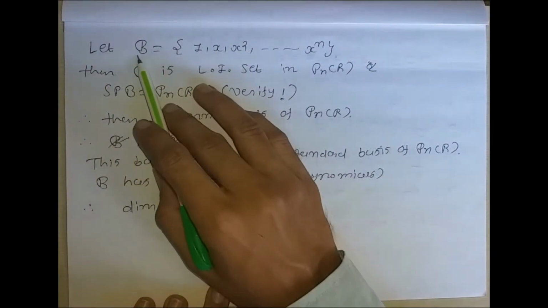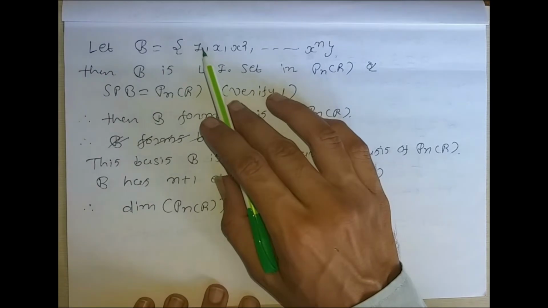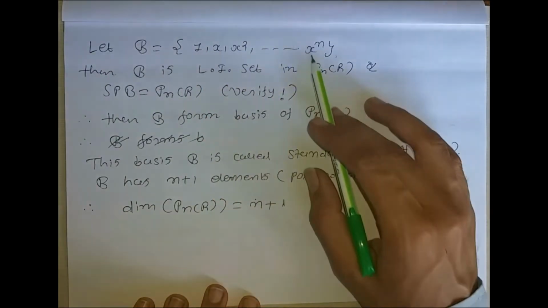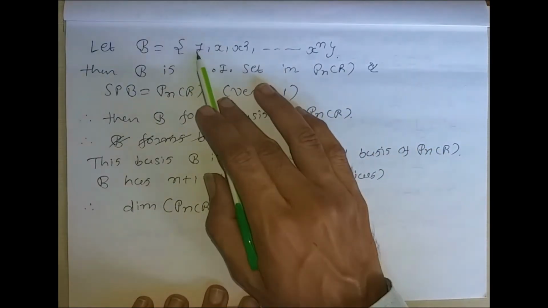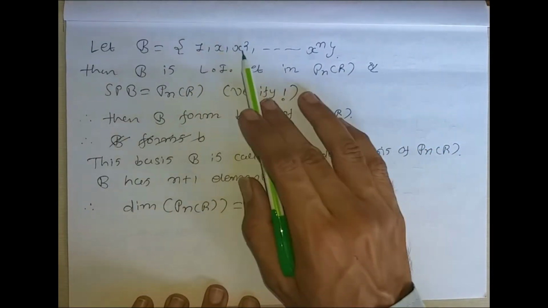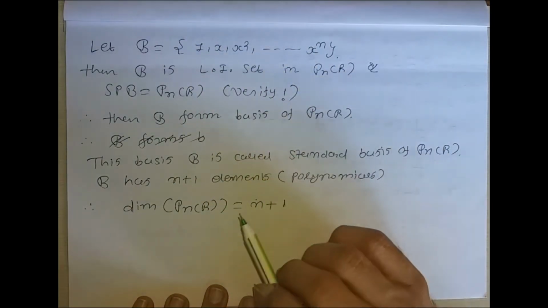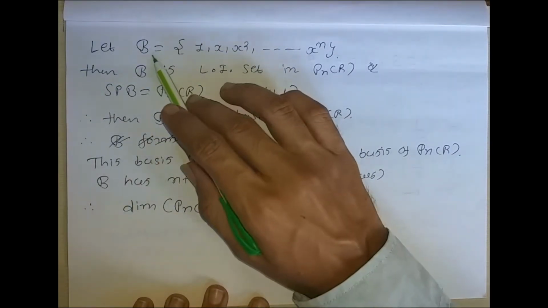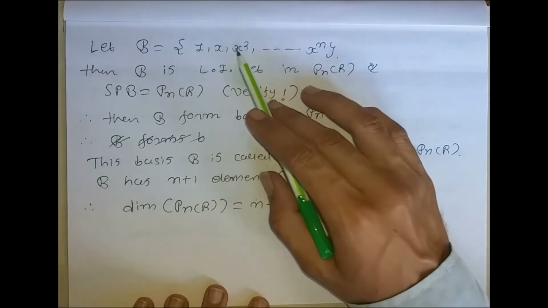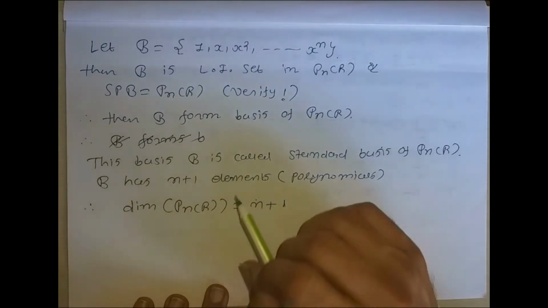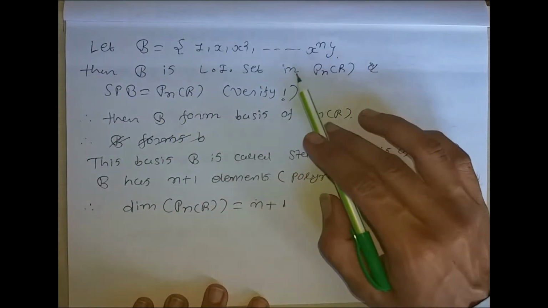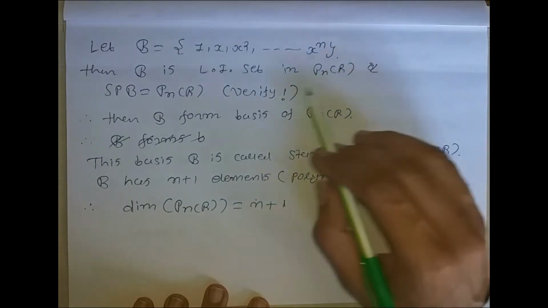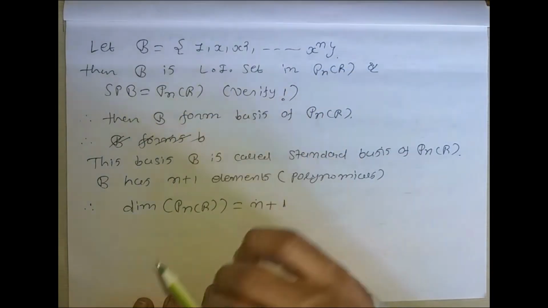Now let B be the set {1, x, x², ..., xⁿ}. All these are polynomials: this is a 0 degree polynomial, this is 1 degree, this is 2 degree, and this is an nth degree polynomial. So B is the set of polynomials 1, x, x², up to xⁿ. Then B is a linearly independent set, which you should verify in Pn(R), and the span of B is equal to Pn(R).